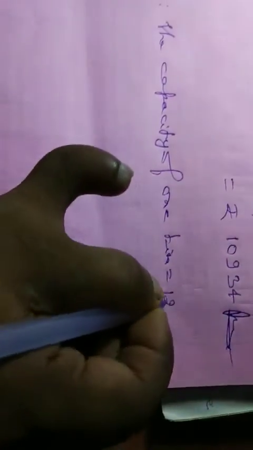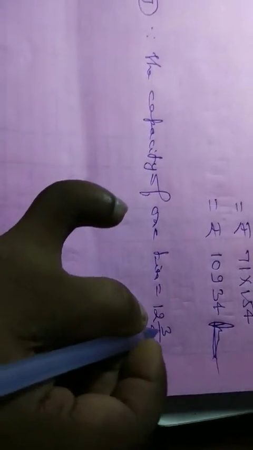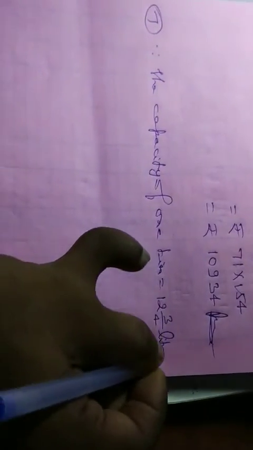The capacity of 1 tin is equal to 12 whole 3/4 liters.